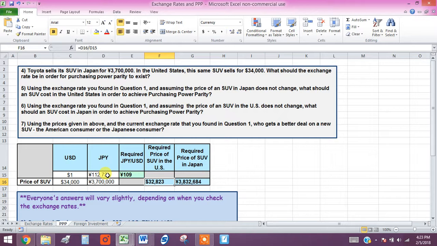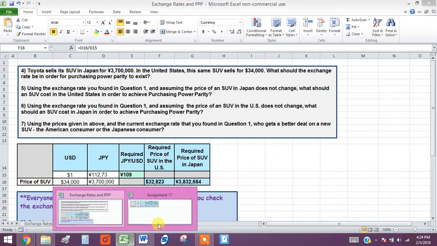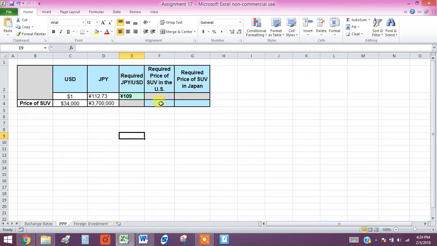Okay, and that's going to give us the price that would achieve purchasing power parity with the exchange rate as it is. So we want to divide the price of the car in yen right here by the current exchange rate in yen. Okay, so let's jump back over and we will do that right here.